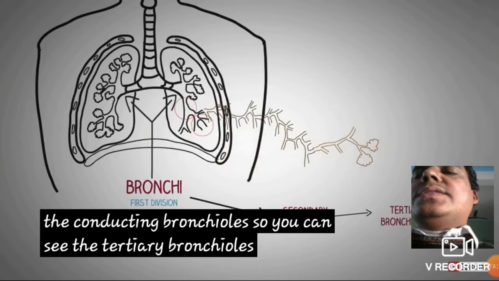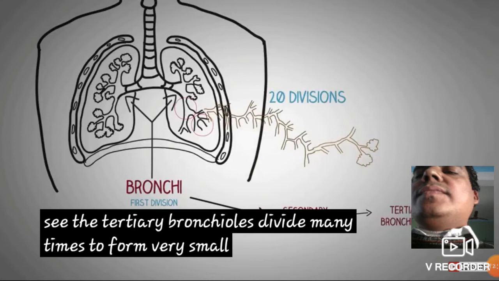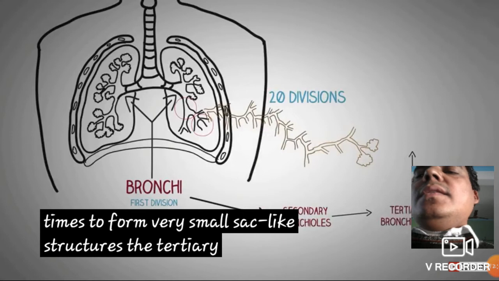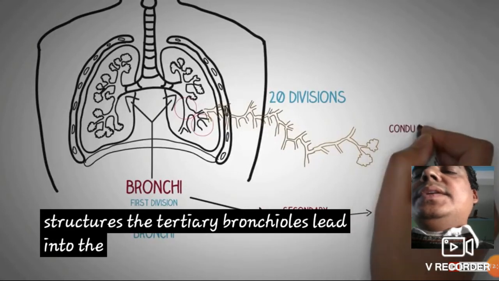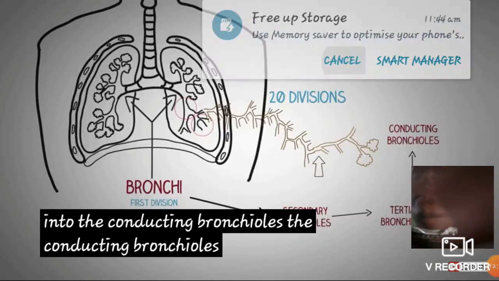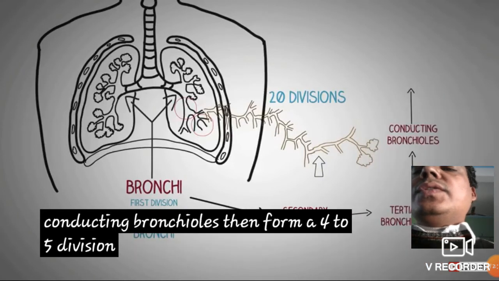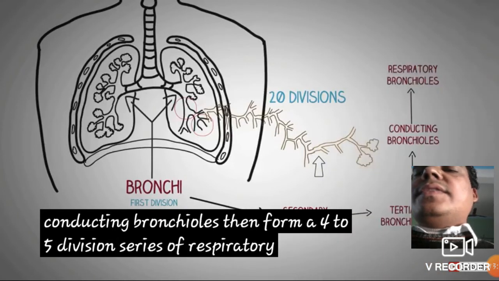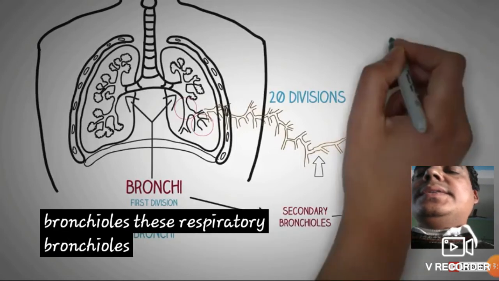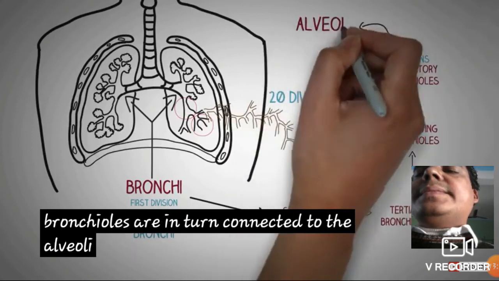So you can see the bronchioles divide many times to form very small sac-like structures. The conducting bronchioles then form a 4 to 5 division series of respiratory bronchioles. These respiratory bronchioles are in turn connected to the alveoli.